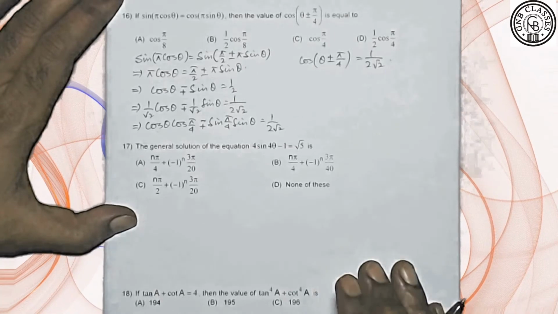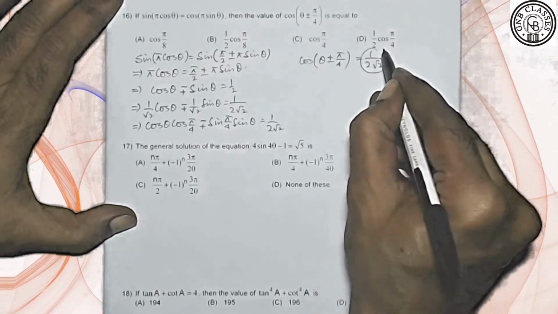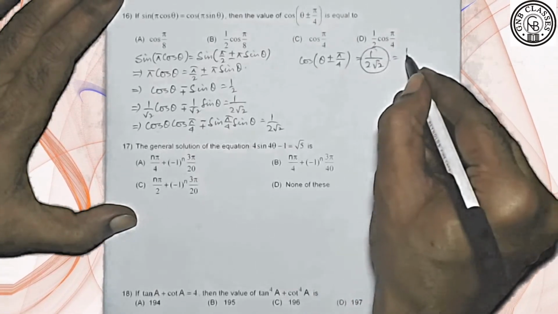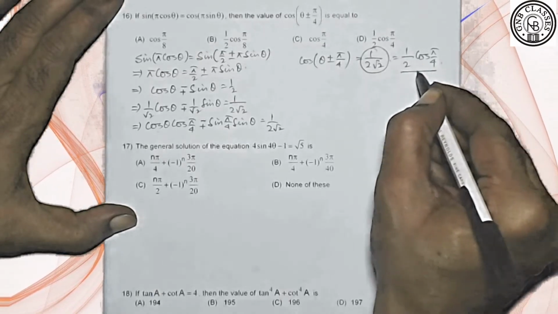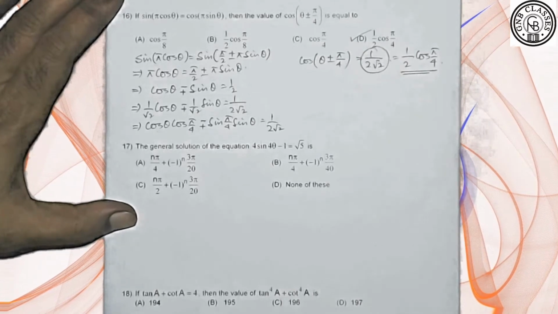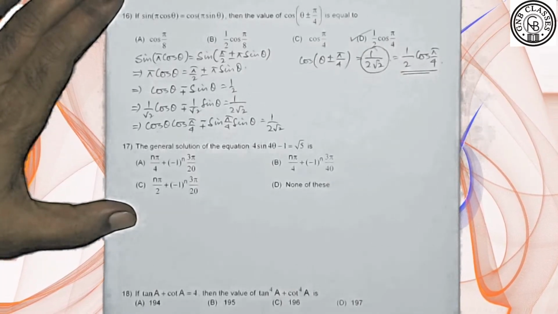Is it clear or not? Now what is the value of 1 by 2 root 2? 1 by root 2 can be replaced by cos pi by 4. Hence option D is correct. Is it clear to all of you? Okay.